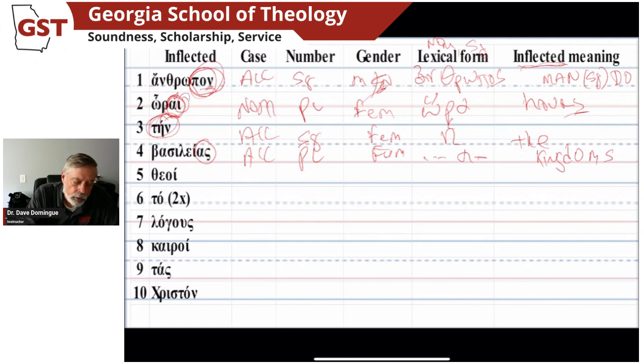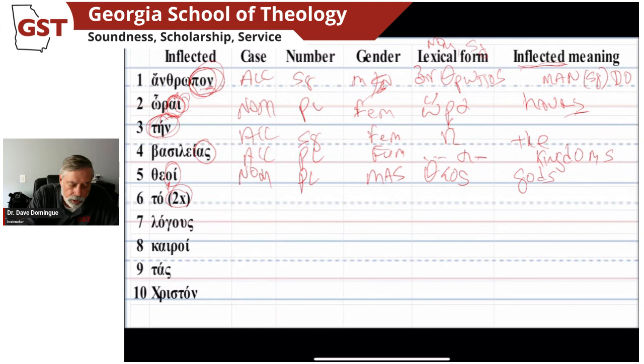That oi here is in the nominative plural. That's our ending here, and we're going to say it's masculine because I know it's masculine. It's from theos, and of course it means gods, plural. And then ta, and they're telling us two times.